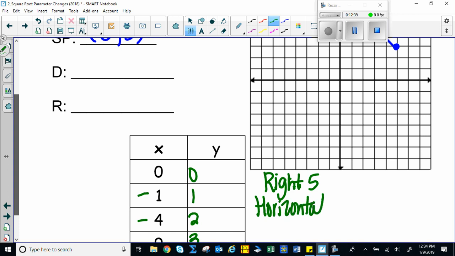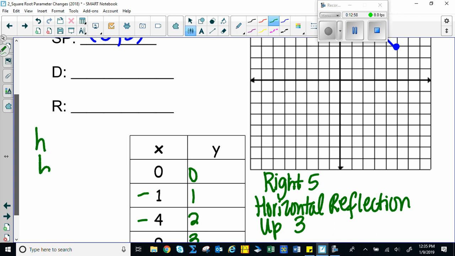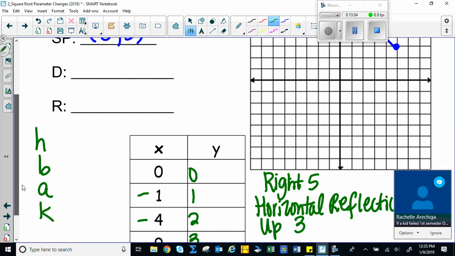And then what's the last thing that I would describe? The K value. And what's the K value doing to my graph? Moving it up 3. Do you guys remember the order that you described the transformations? You do H first, and then you do the B, and then you do the A, and then you do the K. That's the order that you're going to describe those to me in, because you do have to do that on your homework.